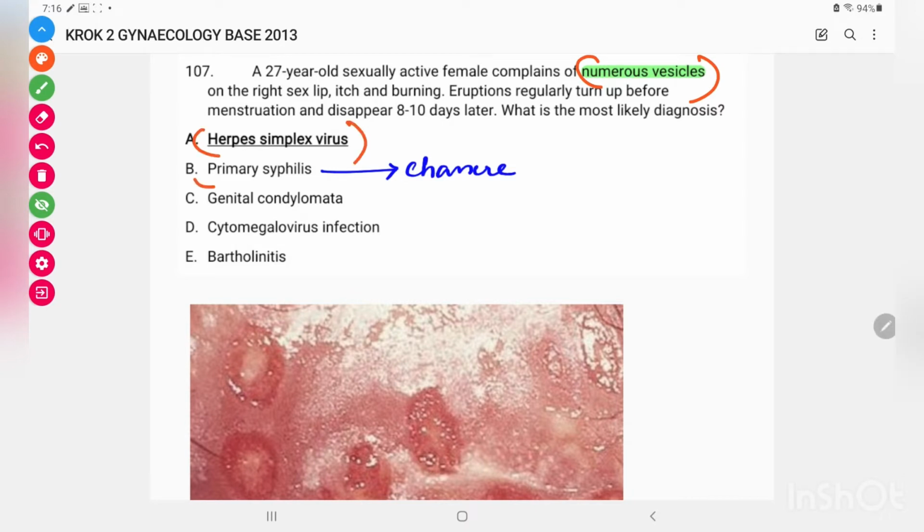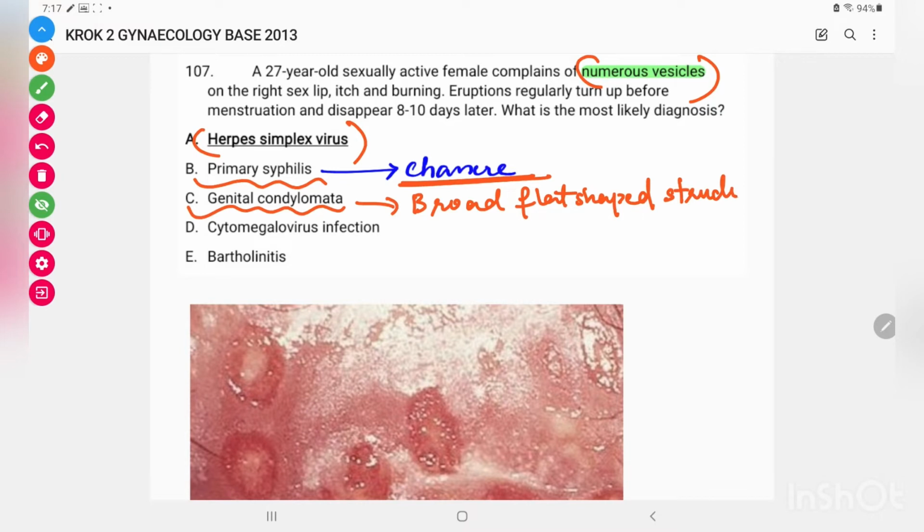Primary syphilis will present with chancre formation. Genital condylomas are broad, flat shaped structures, not vesicles. Cytomegalovirus infection presents in a different form, not genitally.